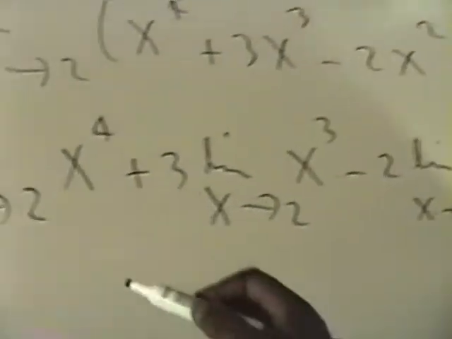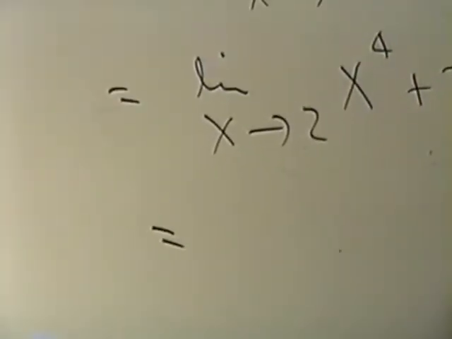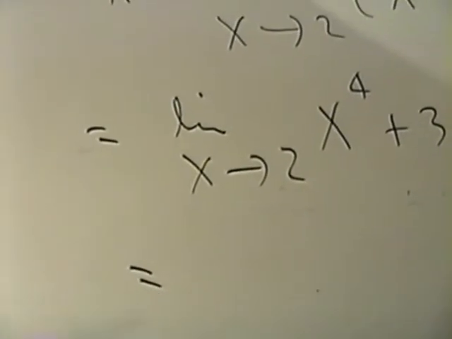So the result here, the limit as x approaches 2 of x to the fourth power, will be 2 times 2 times 2 times 2.